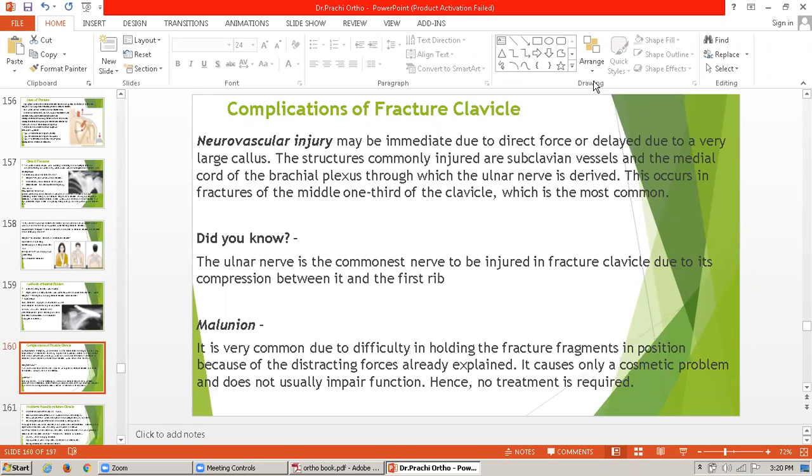So, do you know the ulnar nerve is the commonest nerve to be injured in fracture clavicle? Due to its compression between it and the first rib.